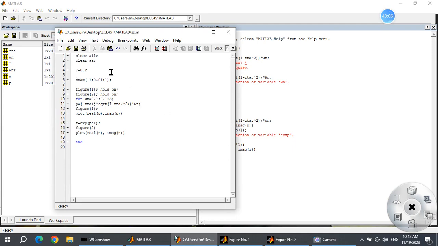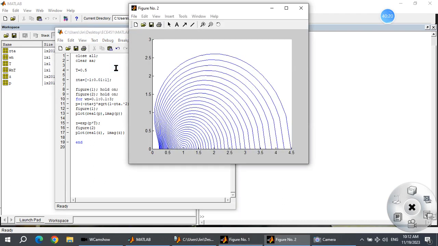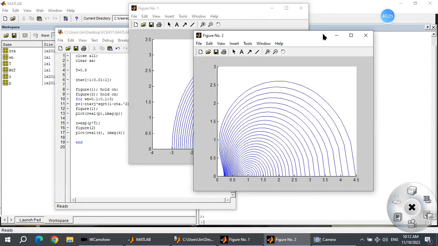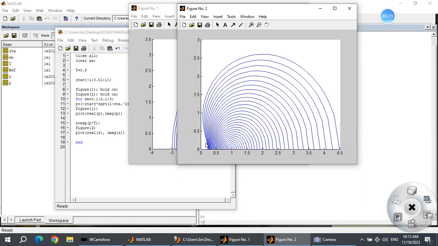If I change this, for example, to 5, what will happen? Oh, this one looks more interesting. You see, here are still curves, but this one looks not just shifted, also somewhat twisted.